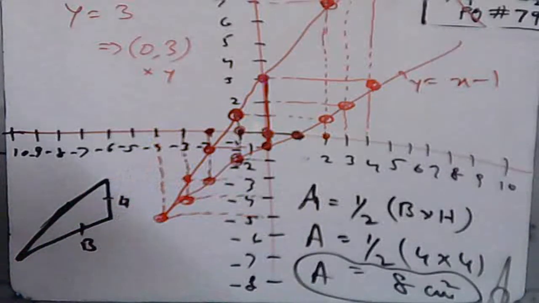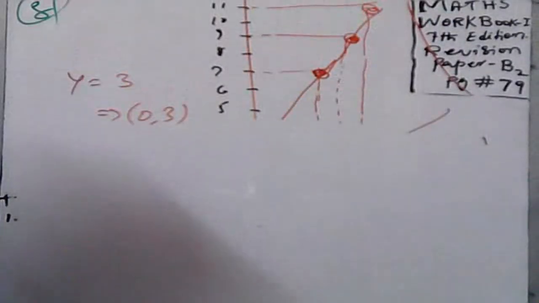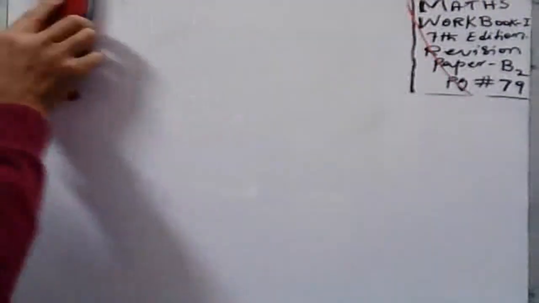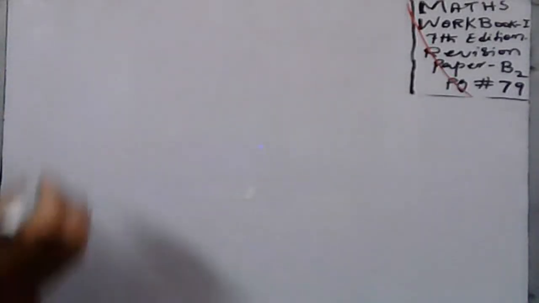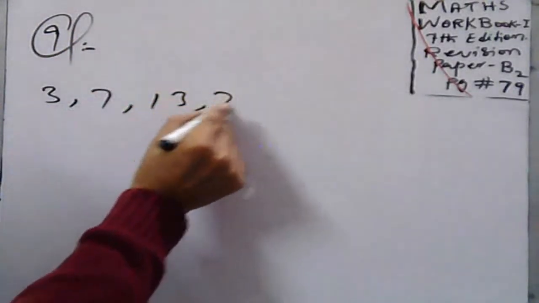Now the last question of this test revision paper: write down the next two terms. We have been given 3, 7, 13, 21.